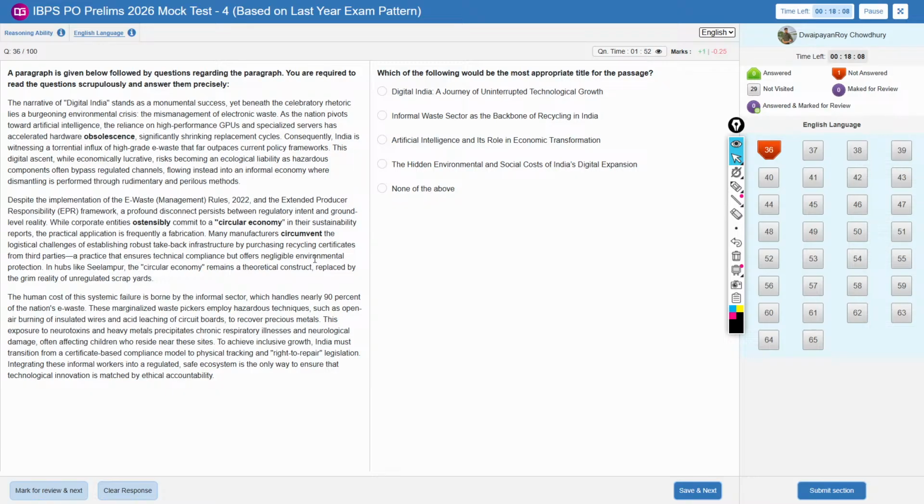Many manufacturers circumvent the logistical challenges of establishing robust take-back infrastructure by purchasing recycling certificates from third parties, a practice that ensures technical compliance but offers negligible environmental protection. In hubs like Seelampur, the circular economy remains a theoretical construct, replaced by the grim reality of unregulated scrapyards.